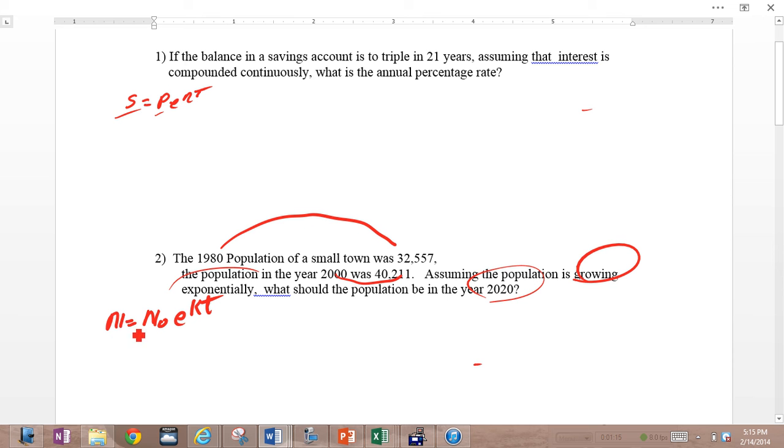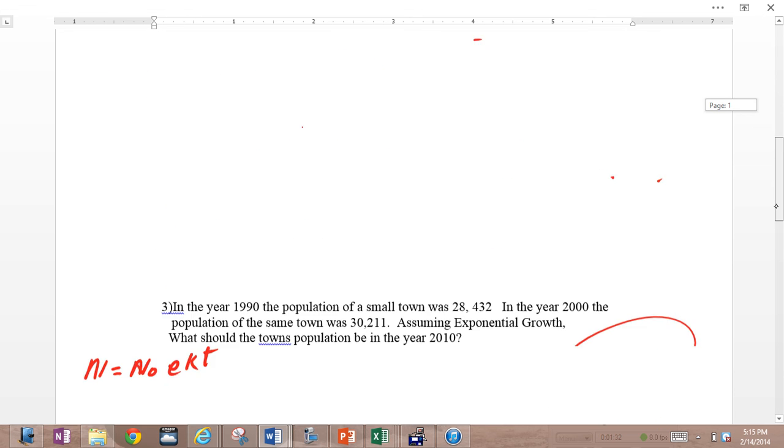N, the future quantity, is equal to n sub 0, that's the initial quantity, times the Euler e to the power kt. It's the exact same formula. N equals n sub 0 e to the kt. Exponential growth.